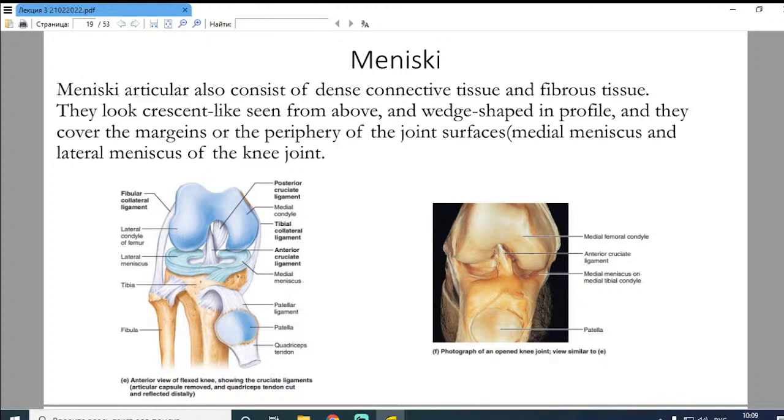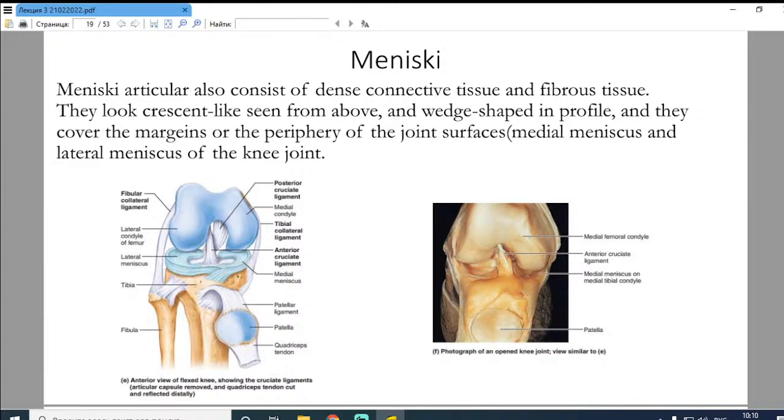Now you see the medial femoral condyle. What do you see? Femur. And you see tibia and fibula, os tibia, os fibula. Between the two bones are located the lateral meniscus and medial meniscus.